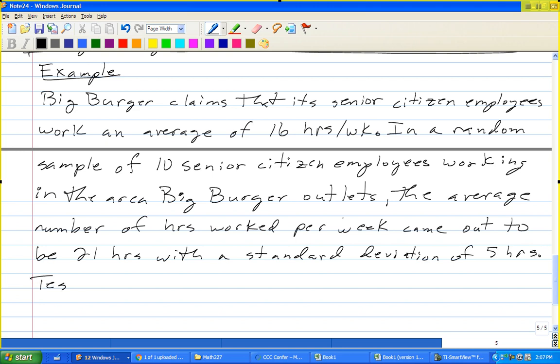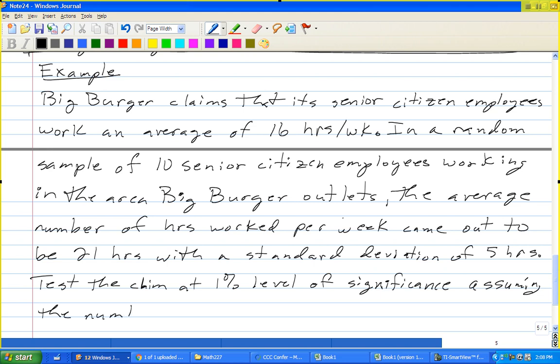Test a claim at the 1% level of significance, assuming the number of hours worked per week is normally distributed.